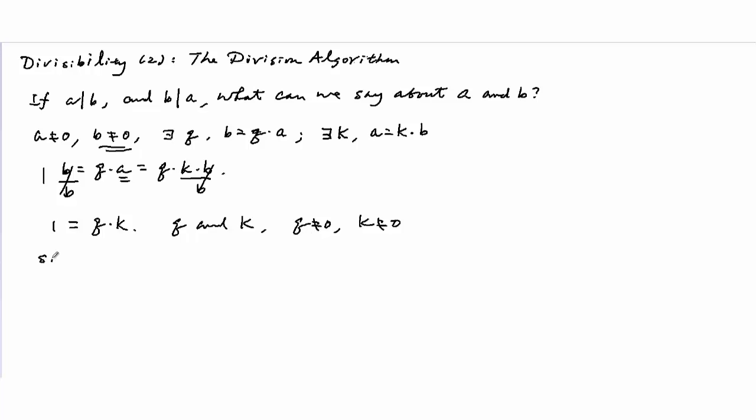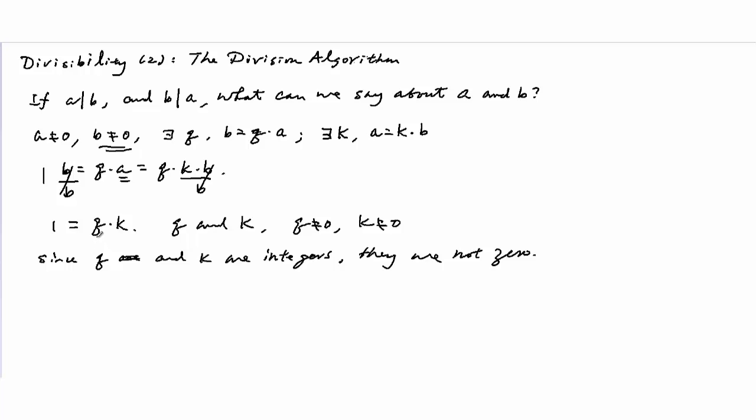But since Q and K are integers and they are not 0, what can you say? Then Q and K must be either 1 or -1, right?